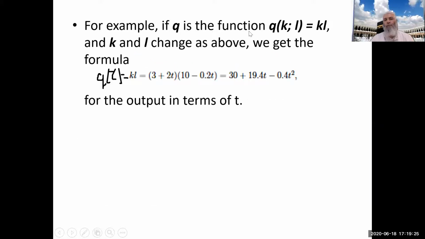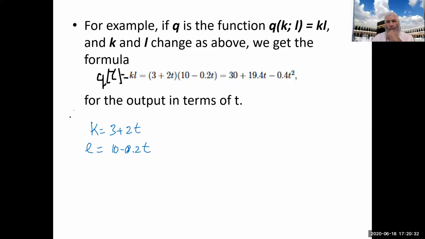For example, if Q is a function Q of K and L equals KL, just like this, and K and L change as above, we get the formula Q of t equals KL, equals this, because above he said that K equals 3 plus 2t and L equals 10 minus 0.2t.